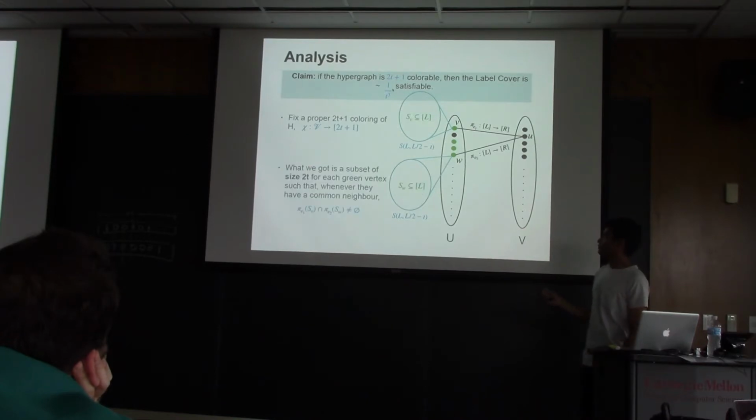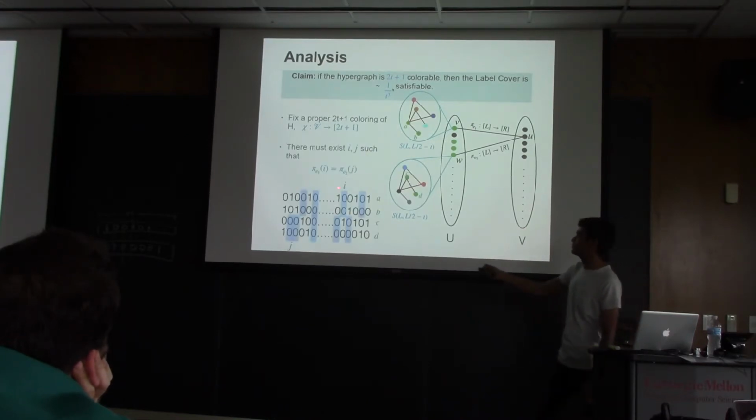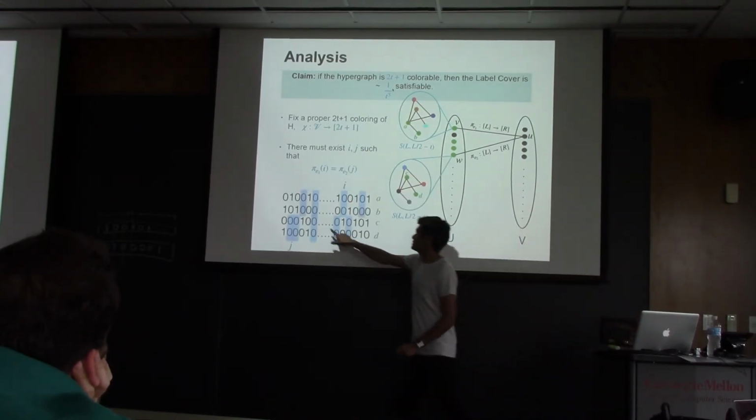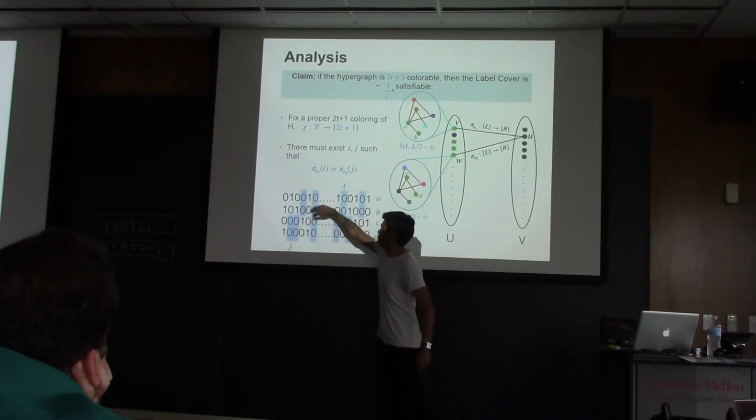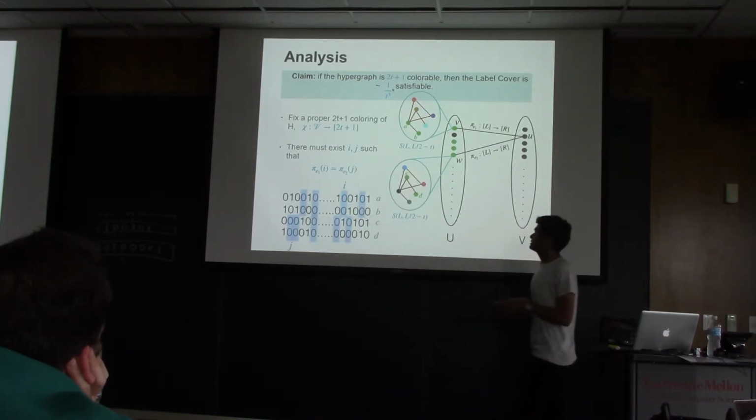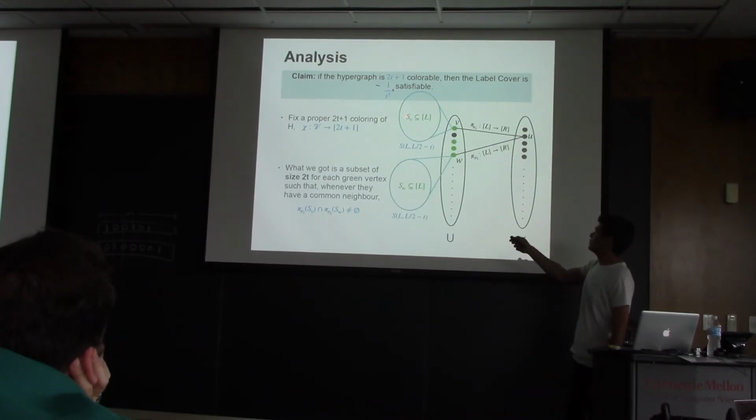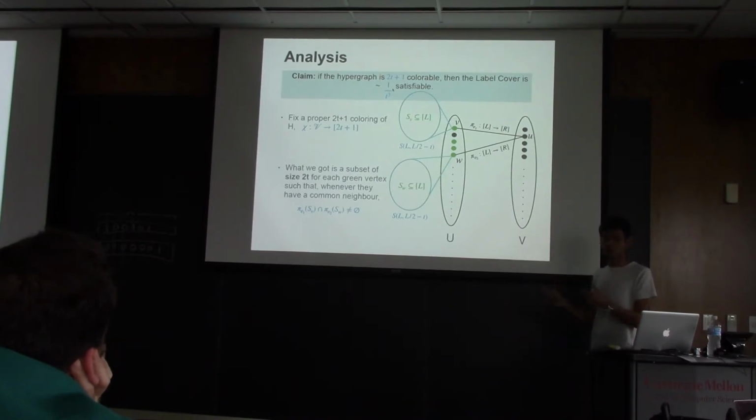And we are done. So let's call this subset of 1 to n where you see 0, 0 in AB, say S_V. So what we found is that for every green vertex here, you found a subset S_V of size 2t.